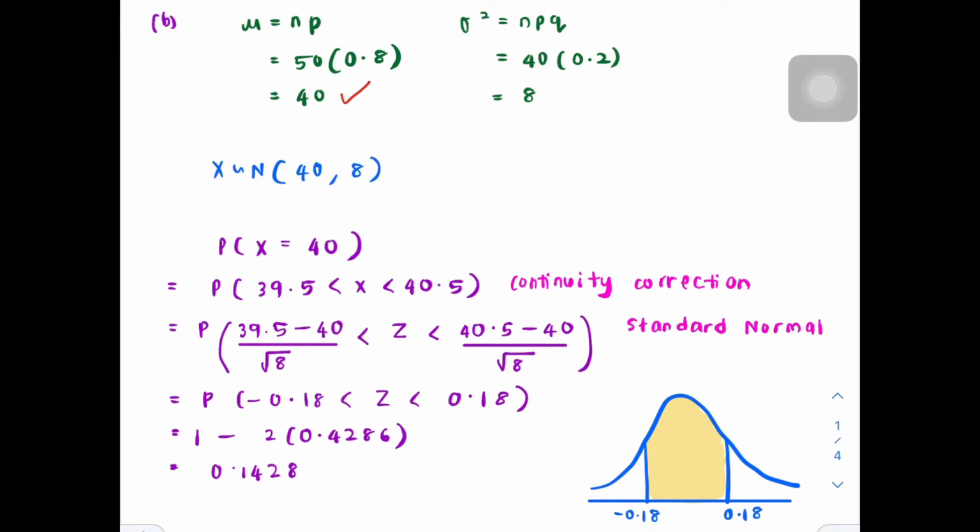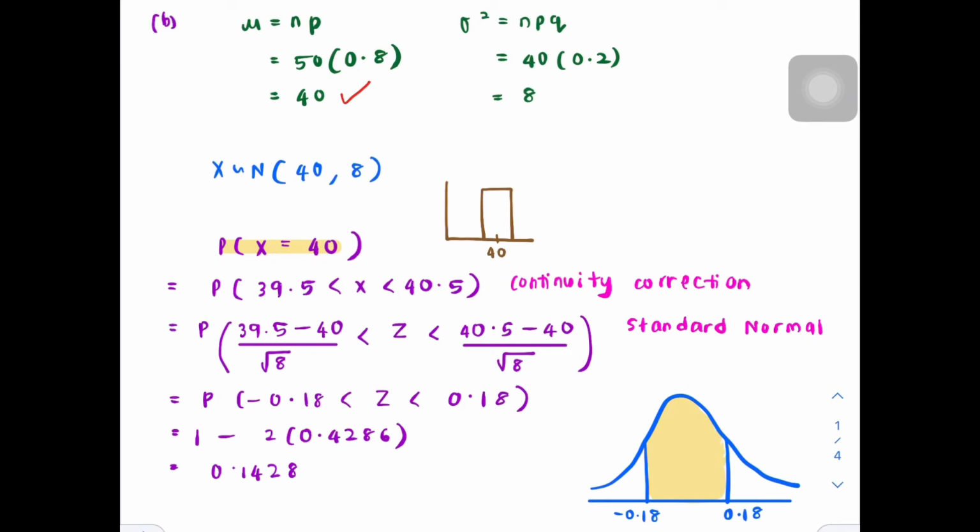Okay, so the question asks you to find the probability that 40 books taken are academic books. To symbolize this one, you have P(X = 40). Remember the bar graph that you have learned before? Let's say this is bar 40.